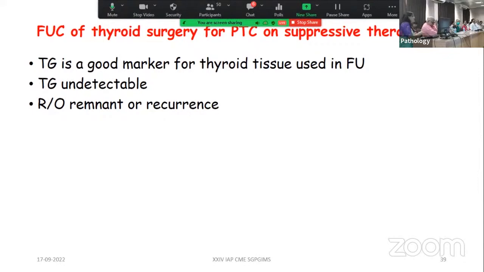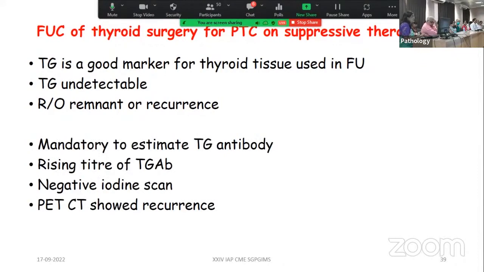So if the thyroglobulin is undetectable, measurement of thyroglobulin antibody helps. A rising titer of thyroglobulin antibody or a measurable amount of thyroglobulin antibody should make you suspect that this patient has recurrence of the disease. And then you further follow up by doing iodine scans. If they are negative, you do a PET CT to localize the disease and manage this patient further.